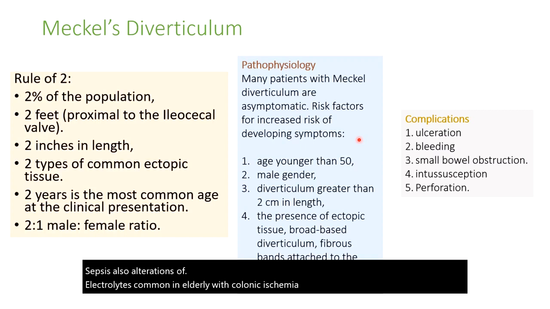Another famous diverticulum that's also congenital and very common in patients of 2 years, male patients, 2-to-1 is the ratio. It's Meckel's diverticulum. Meckel's diverticulum not only occurs in children, it can occur in patients younger than 50.